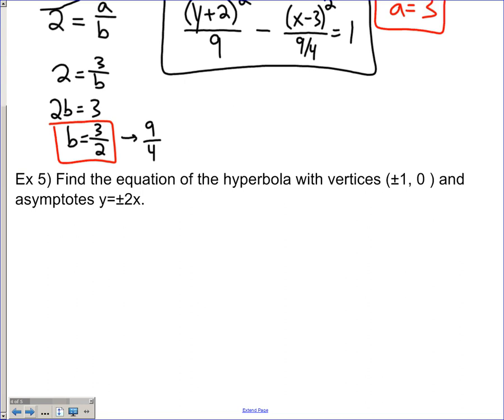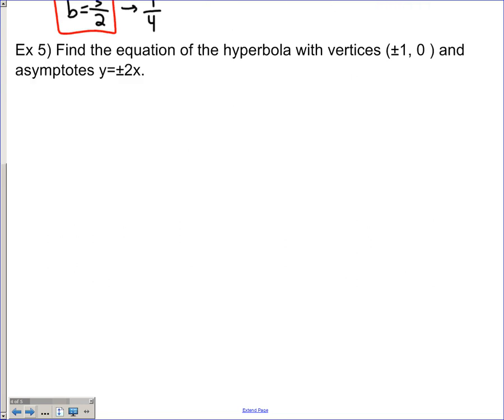And our last example, same process, different information. So vertices and asymptotes, actually that's the same information, just a little different process. Our vertices are plus or minus 1 for the x value. So the x values are changing. That means that it's a horizontal hyperbola.